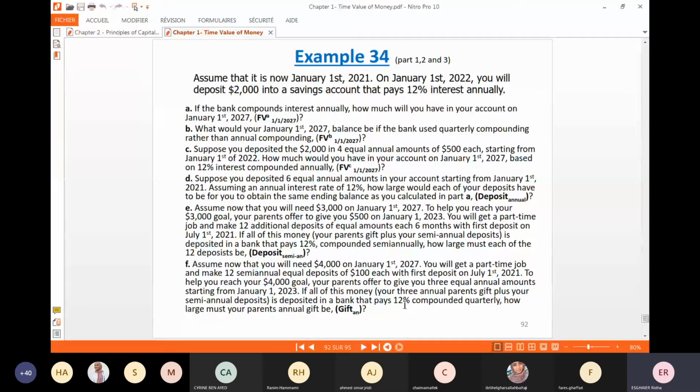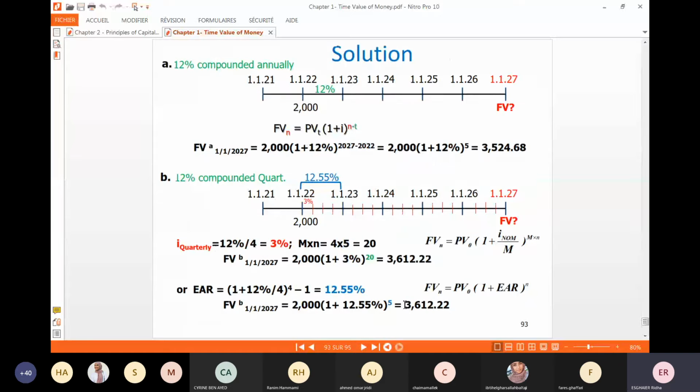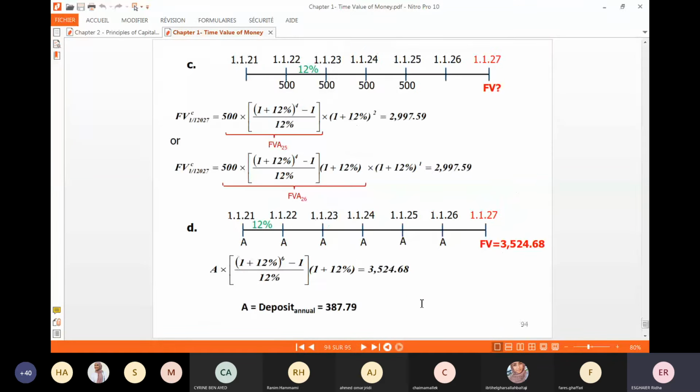So we draw the timeline in which we put the first amount deposited on 1/1/2022, 500. We have four equal amounts. So the last one will occur on 1/1/2025, and the annual interest rate is 12%. What is the future value on 1/1/2027?